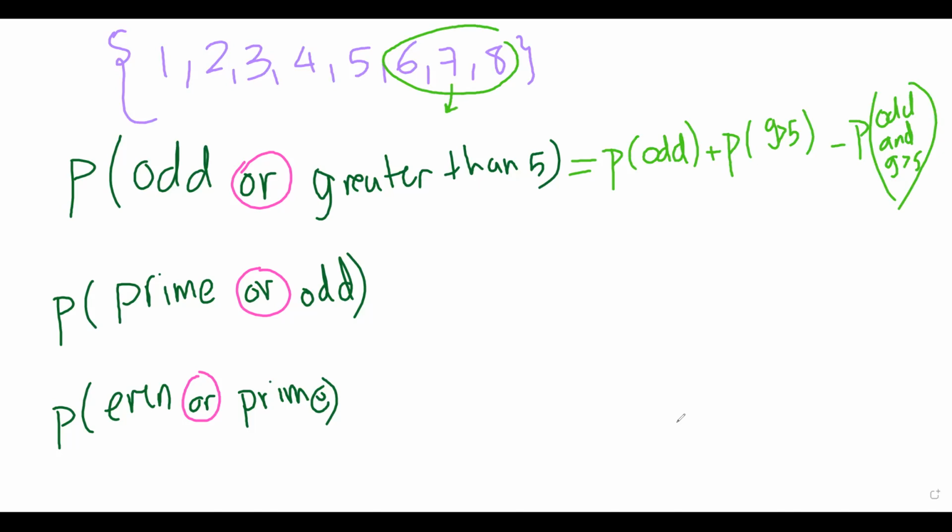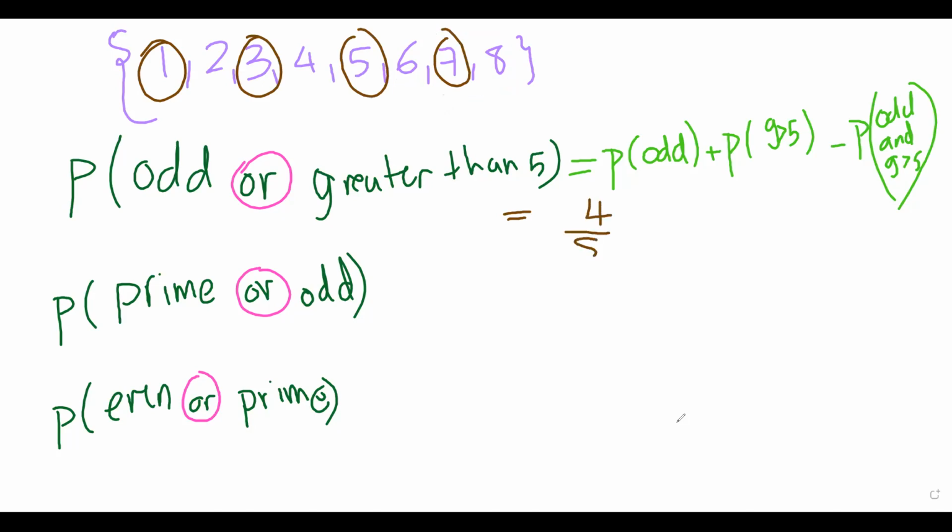Now, the probability of getting odd, how many numbers here are odd? We have 1, 3, 5, 7. So we have 4 numbers over 8.